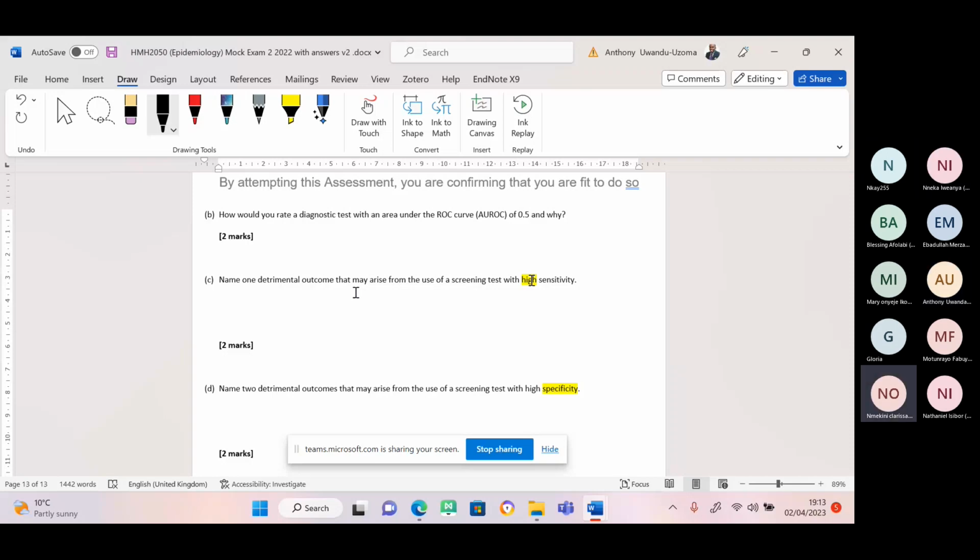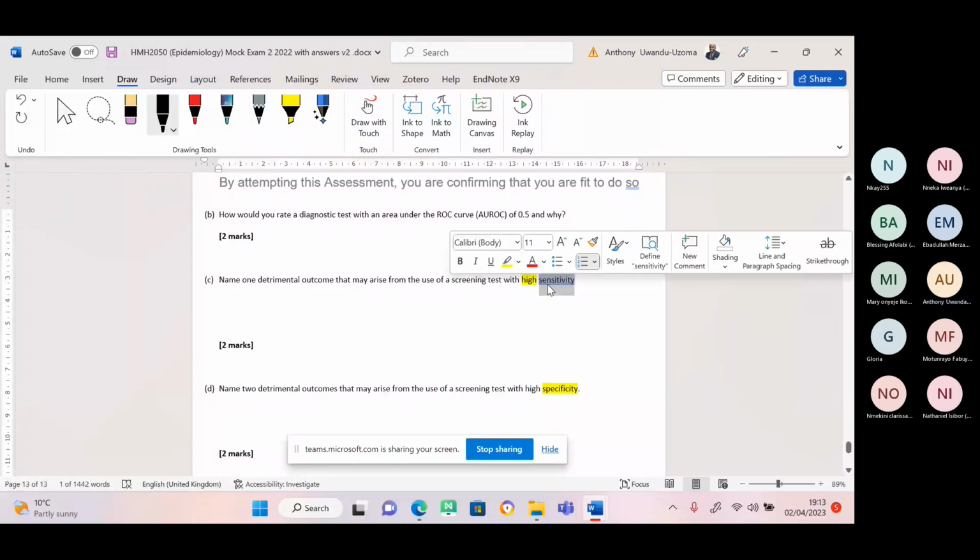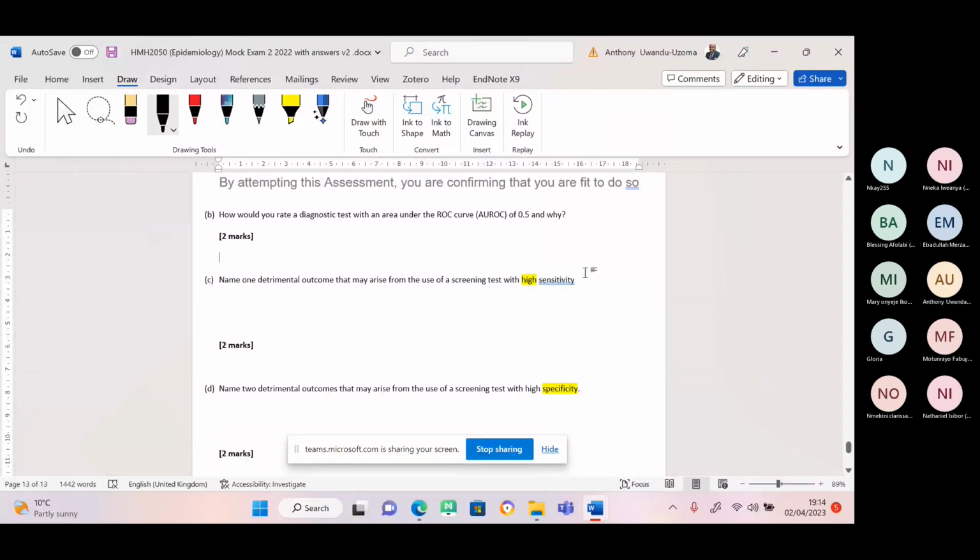When a test has high sensitivity, what does it mean? It can actually tell us correctly if people have the disease.